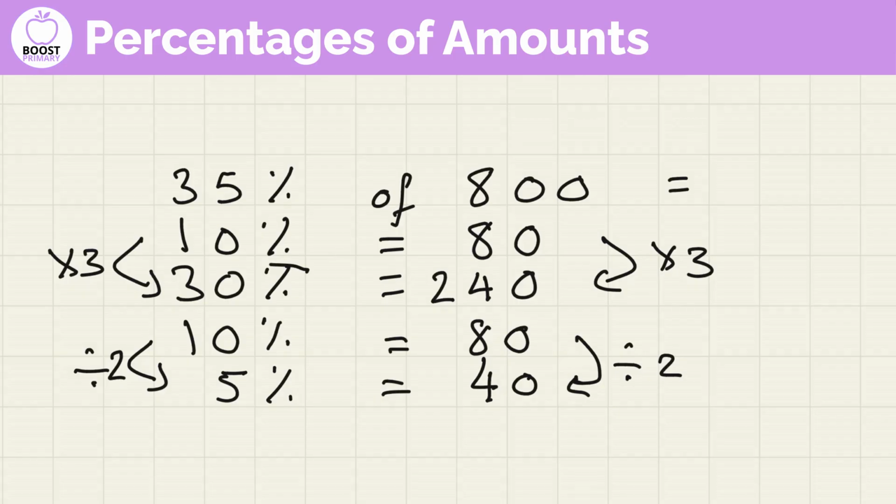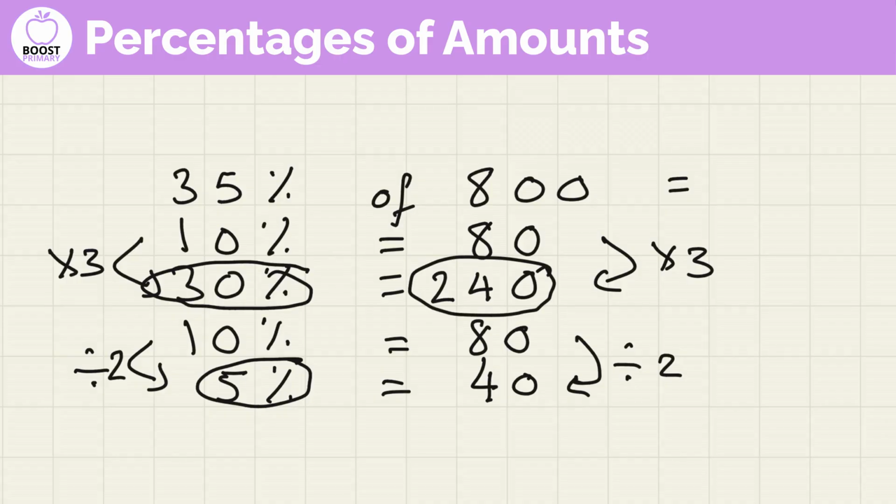So now we have 30% and 5%. If we put those together, we get 35%. If we put 240 together with 40, then we'll have our answer. So 35% of 800 equals 280.